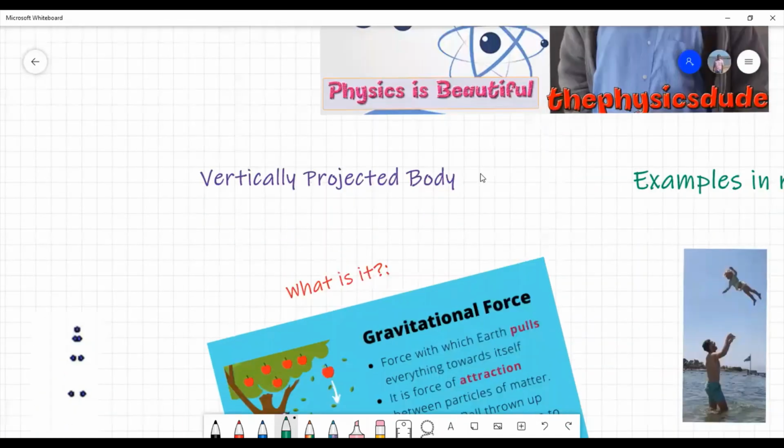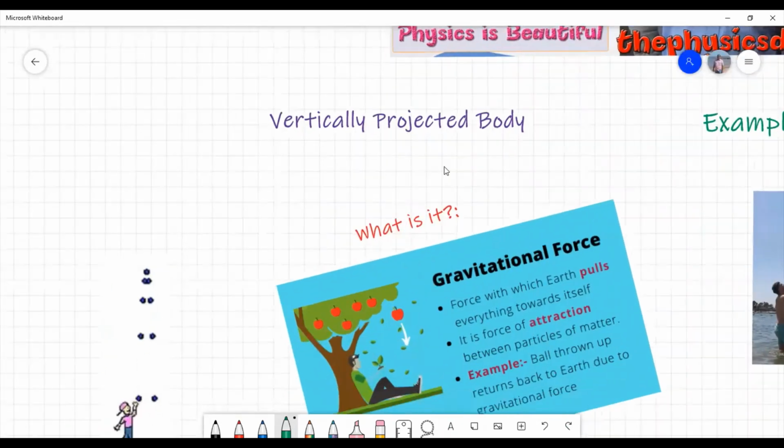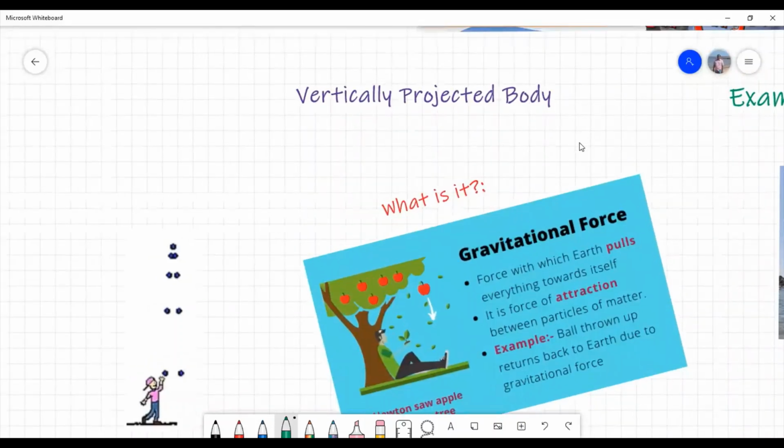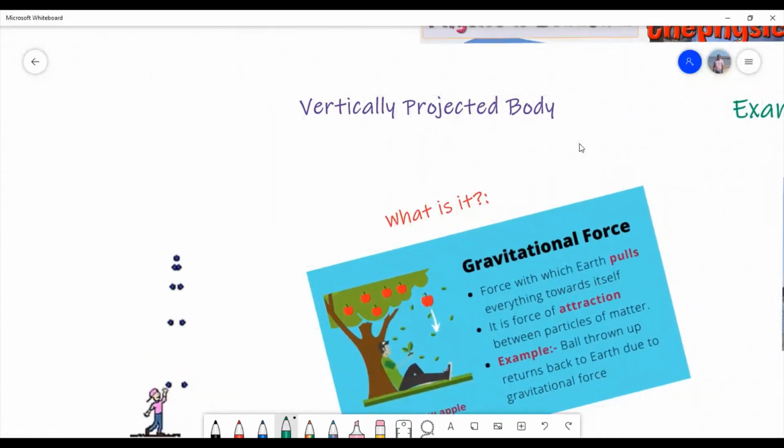So, first of all, what is a vertically projected body? Is some force required to project a body? First question: is force really needed for a body to move? So many of us think that yes, we require a force to move a body.